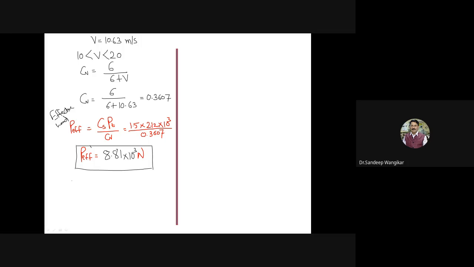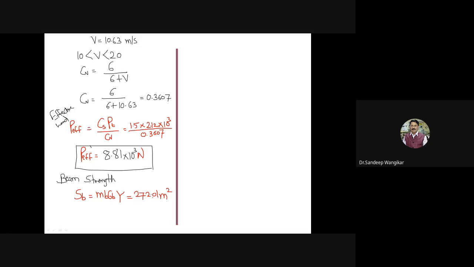Now let us proceed for beam strength calculation. SB is equal to MB sigma B Y. It is not required actually. We have calculated it as 272.01 module square.